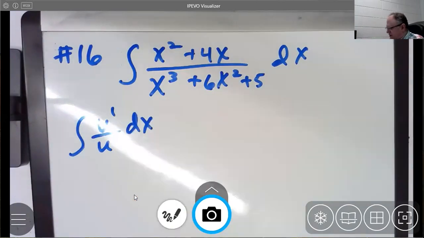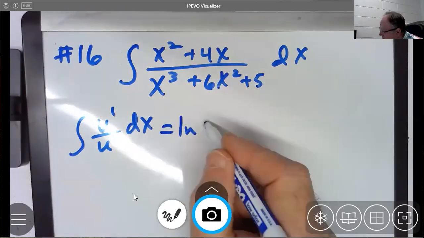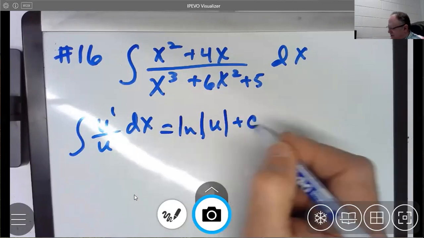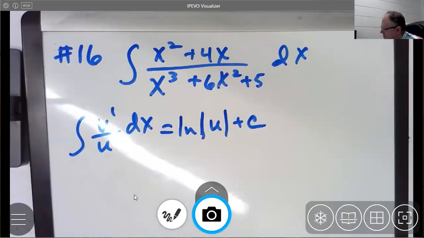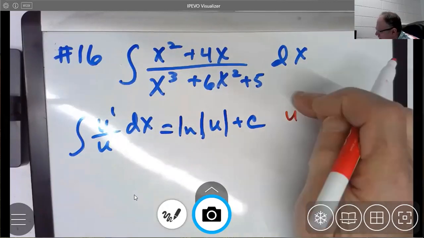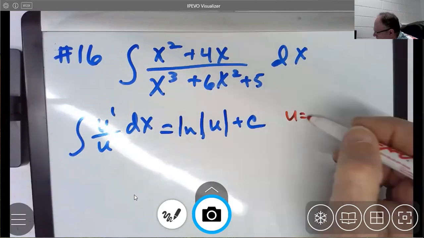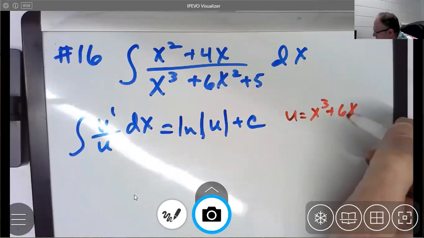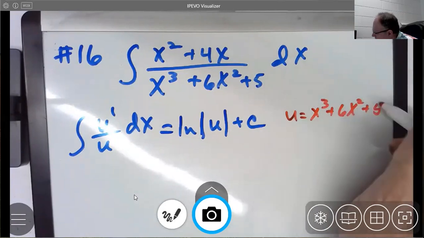So we need to identify u to give us natural log, absolute value of u, plus c. Okay, so that's what we're trying to achieve. So we need to find what u is, and that's our denominator, x cubed plus 6x squared plus 5.